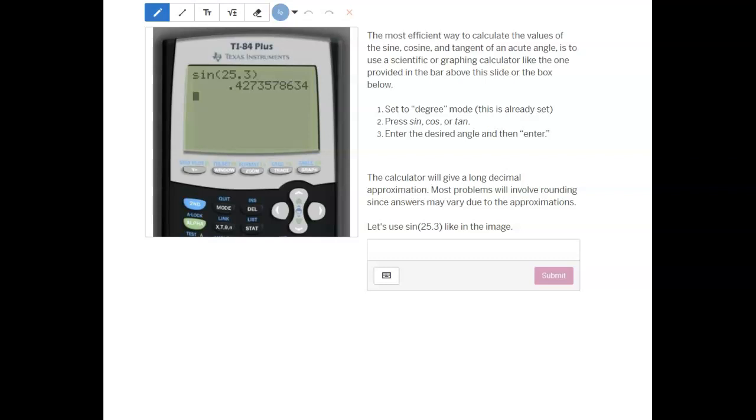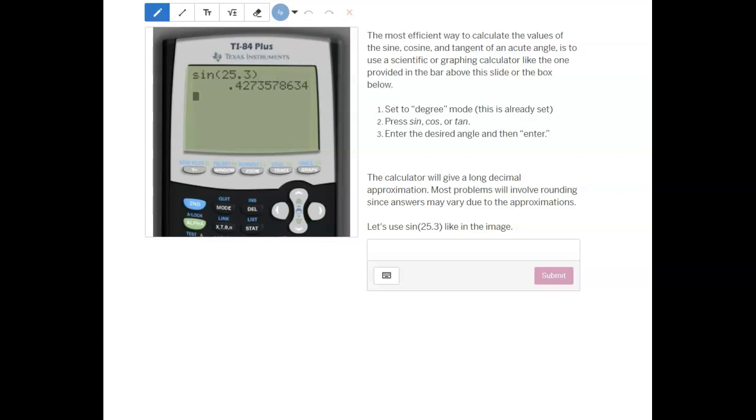Make sure that it's set to degree mode and then press sine, cosine, or tangent in the calculator. The calculator will give a long decimal approximation. Most problems will involve rounding, since answers may vary due to the approximation.